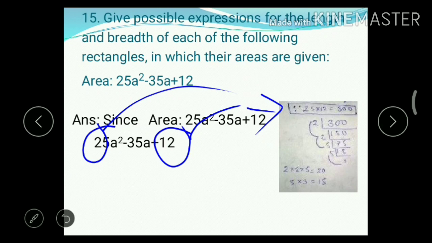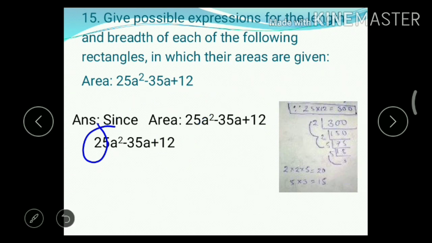So after doing the short division, we shall get these numbers 2, 2, 5, 5, 3. Now here, if you take 2 into 5, how much we shall get? We shall get 20. And this 5 into this 3, how much we shall get? 15. Okay, so 20 and 15 will give us 35.